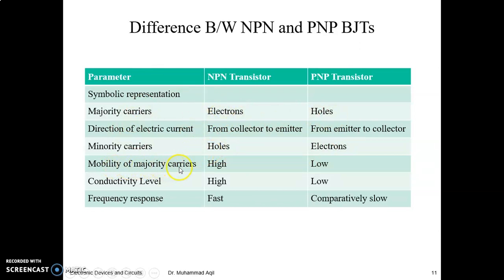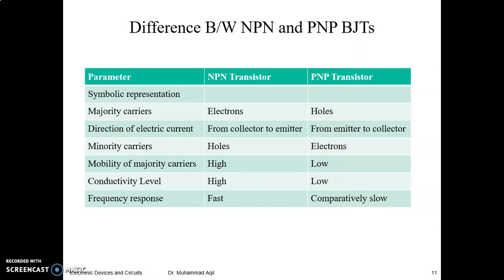Mobility of majority carriers is high in NPN, whereas it is low in PNP, because here the majority carriers from the emitter are electrons, right? So their mobility will be high. That's why the NPN transistor is much faster than the PNP transistor, right? Because here the hole moves and the hole actually attracts the electrons.